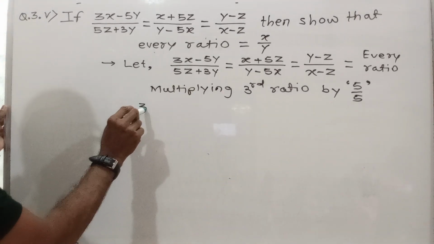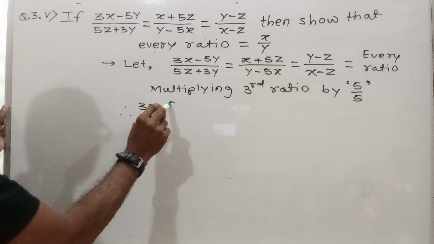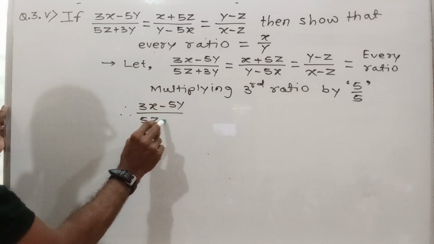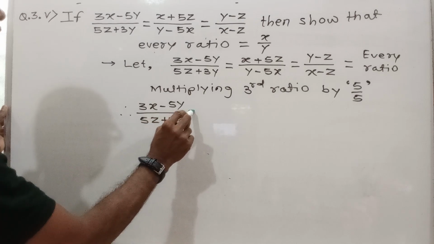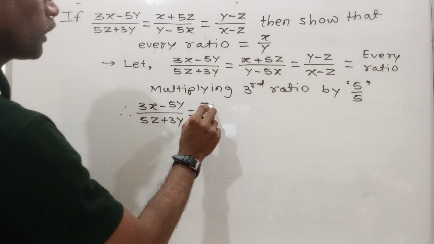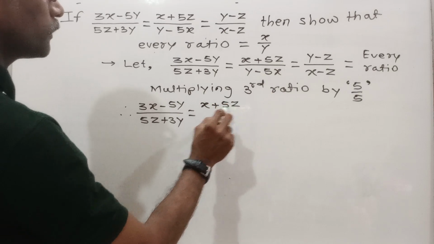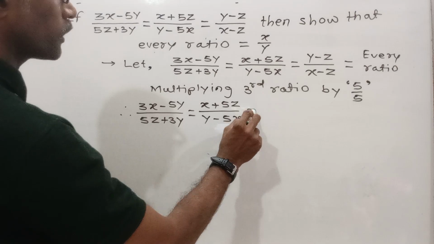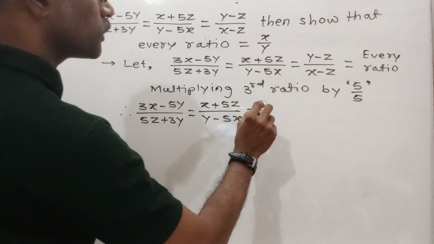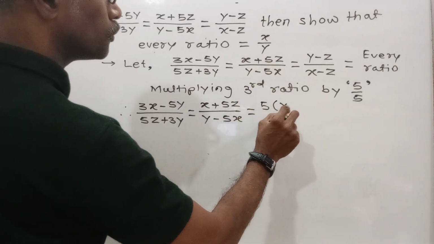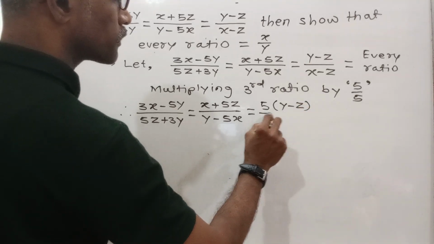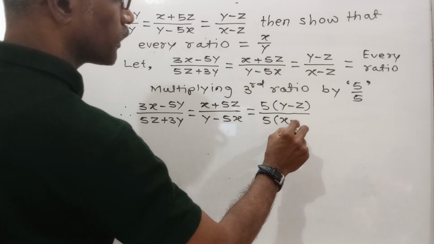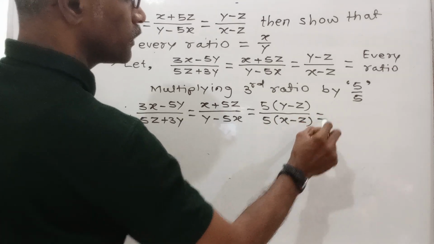Therefore (3x minus 5y) upon (5z plus 3y) is equal to (x plus 5z) upon (y minus 5x) is equal to, see this, 5 into (y minus z) upon 5 bracket (x minus z).